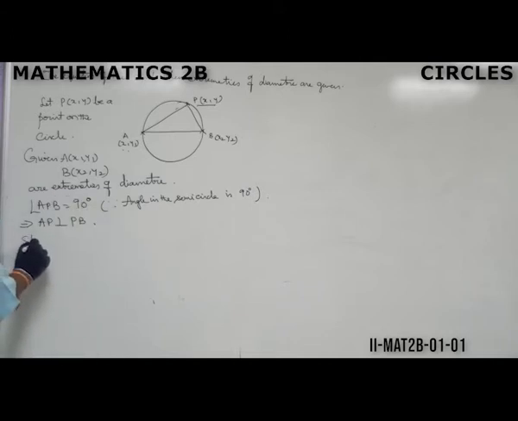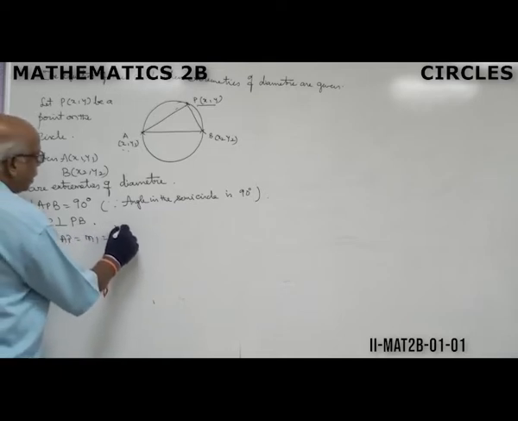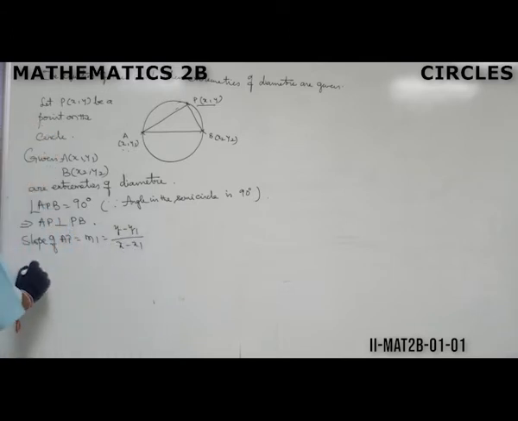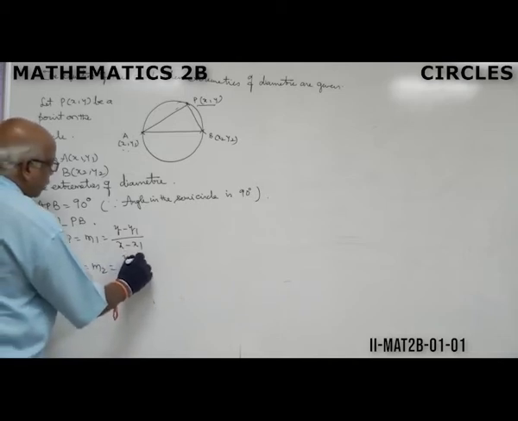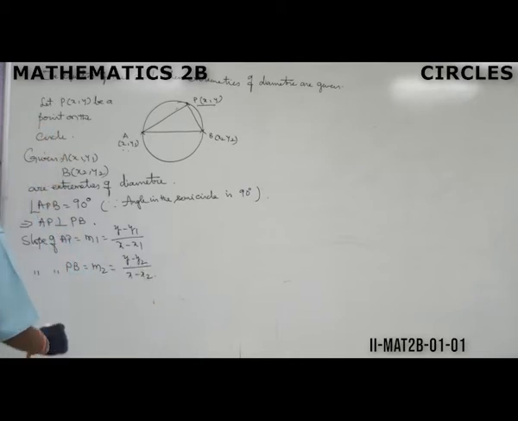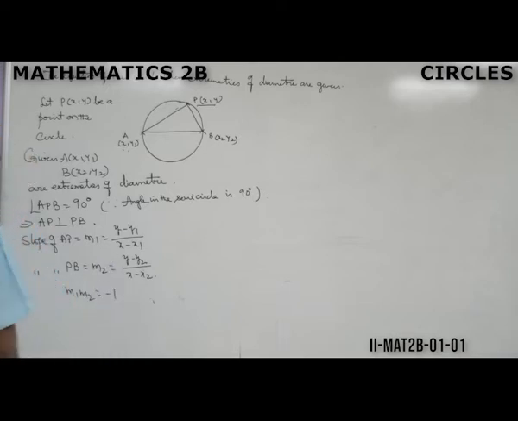Slope of AP, m1, equals (y minus y1) by (x minus x1). Slope of PB, m2, equals (y minus y2) by (x minus x2). m1 m2 equals minus 1. How did you obtain this?